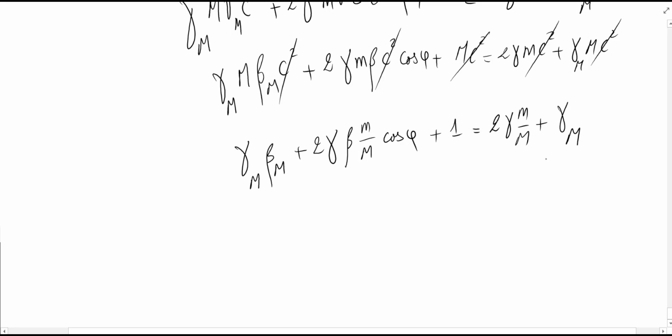Okay, I have terms that involve gamma m, these two terms involve gamma, and there is a 1 by itself.